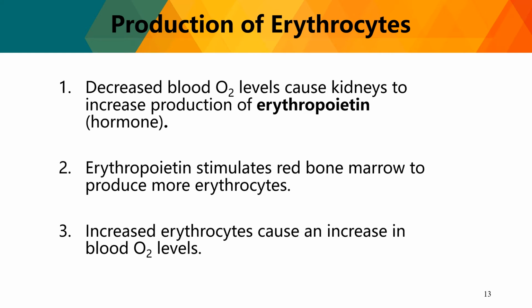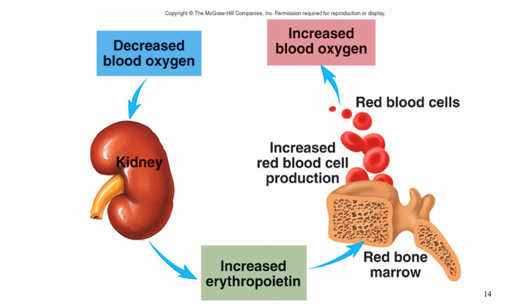So for the production of the erythrocytes, decreased blood oxygen levels cause your kidneys to increase the production of what you call your erythropoietin, which is a type of hormone. So the erythropoietin stimulates your red bone marrow to produce more erythrocytes, and the increased erythrocytes cause an increase in blood oxygen levels. So the more RBCs you have, of course, the more oxygen you have in your body.